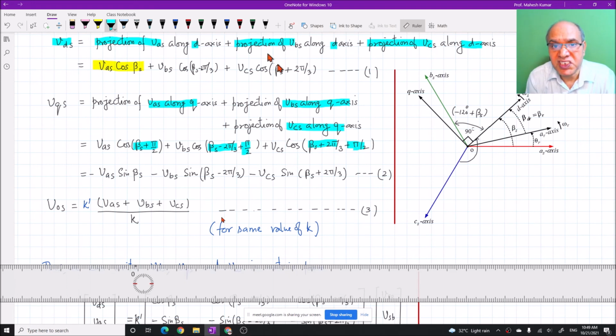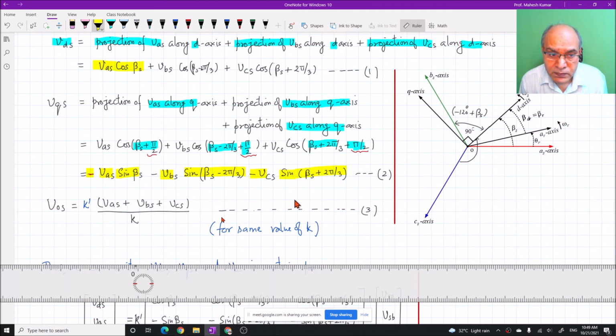So plus pi by 2 is extra because the q axis is pi by 2 far away from the d axis. Cos of pi by 2 plus theta is minus sin theta, so we get BAS sin beta S minus BBS sin beta S minus 2 pi by 3 minus BCS sin beta S plus 2 pi by 3, with an overall minus sign.